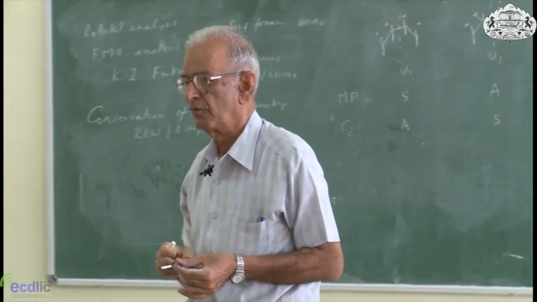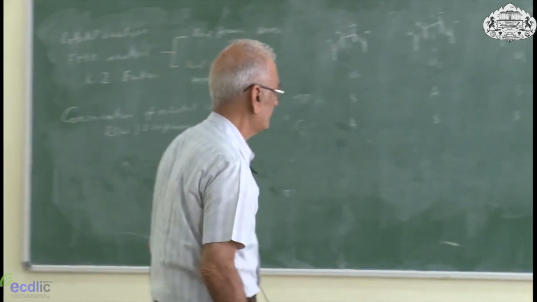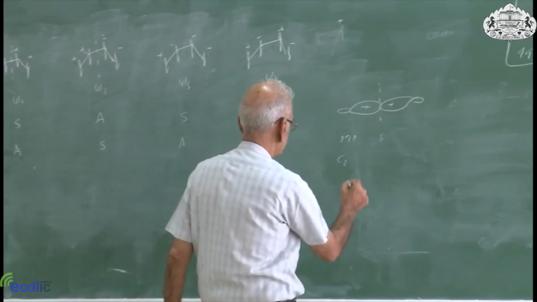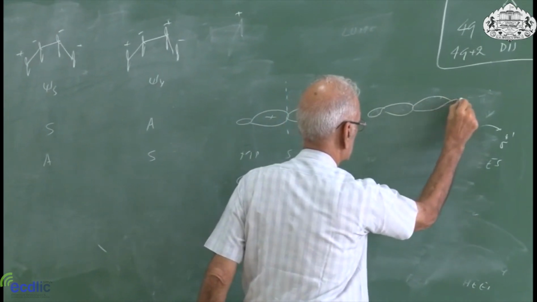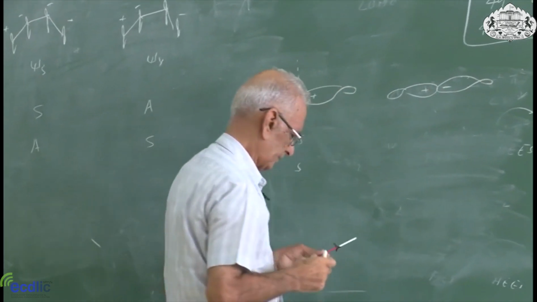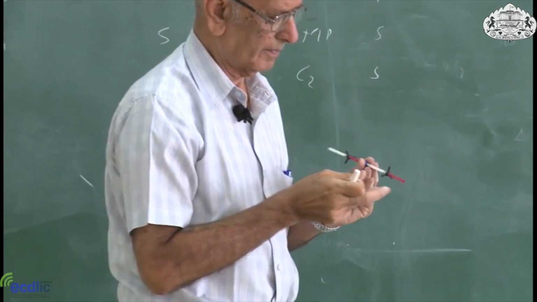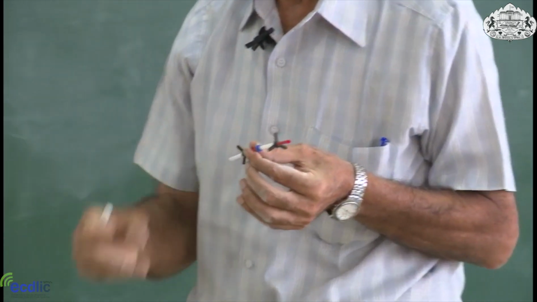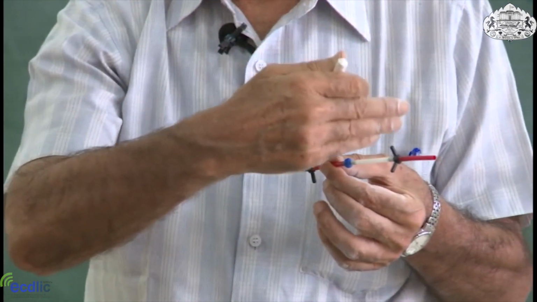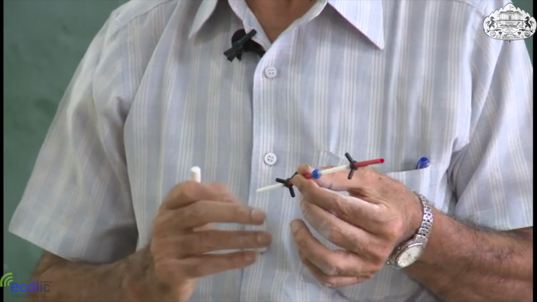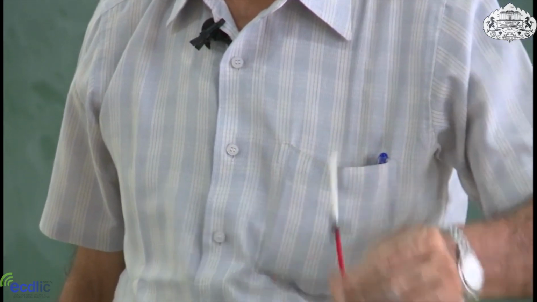So, for both, sigma is symmetric. So, this is your sigma star orbital, plus and minus. Mirror plane, not symmetric. C2 also not symmetric.